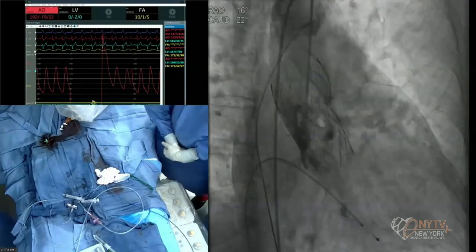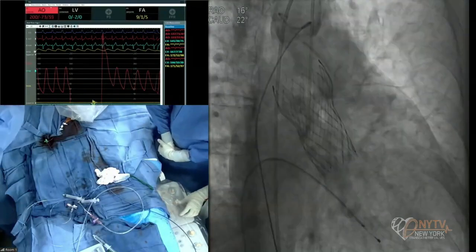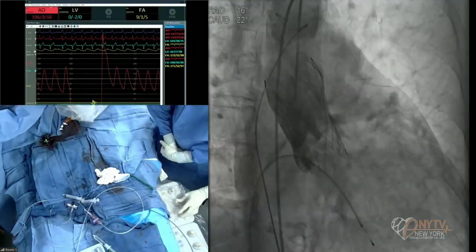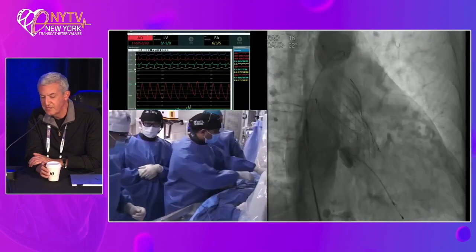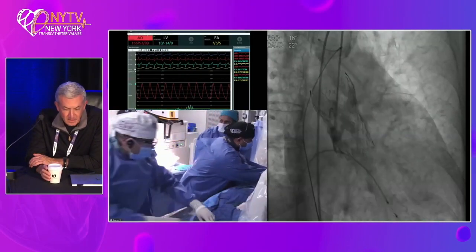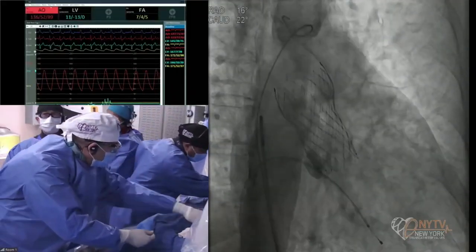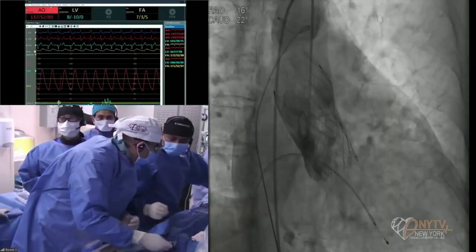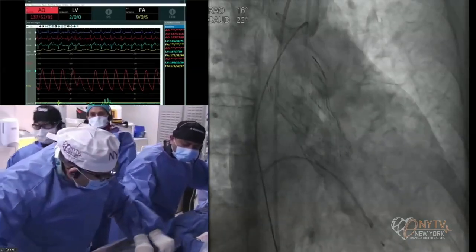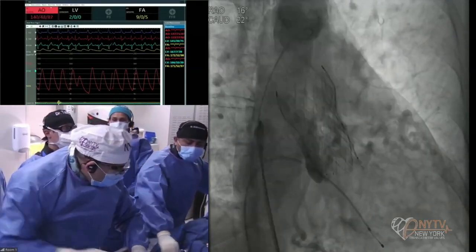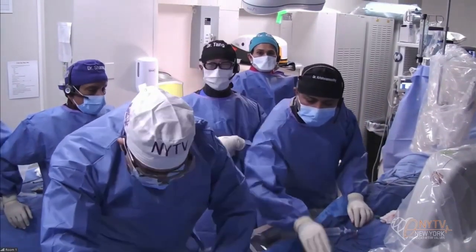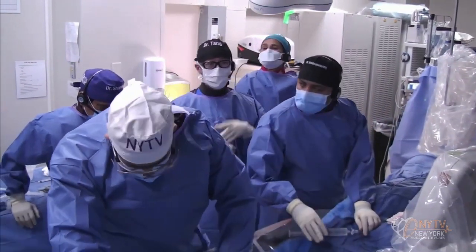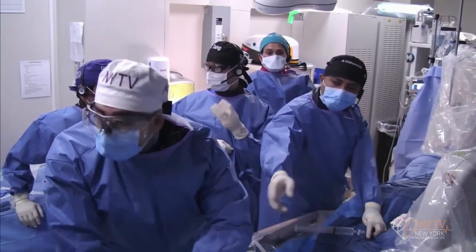Go on. In terms of valve selection... Okay, go ahead, Hafiz. If you had the Genesis valve available on your shelf today, would you choose it for this case? That's a great question, but it has three commercial wings, and this is a quadricuspid valve. So I don't know how you would orient it. Also right now, as you know, the trial was only for pure AR patients. If you look at the CT and the echo, there is some fibrotic component.